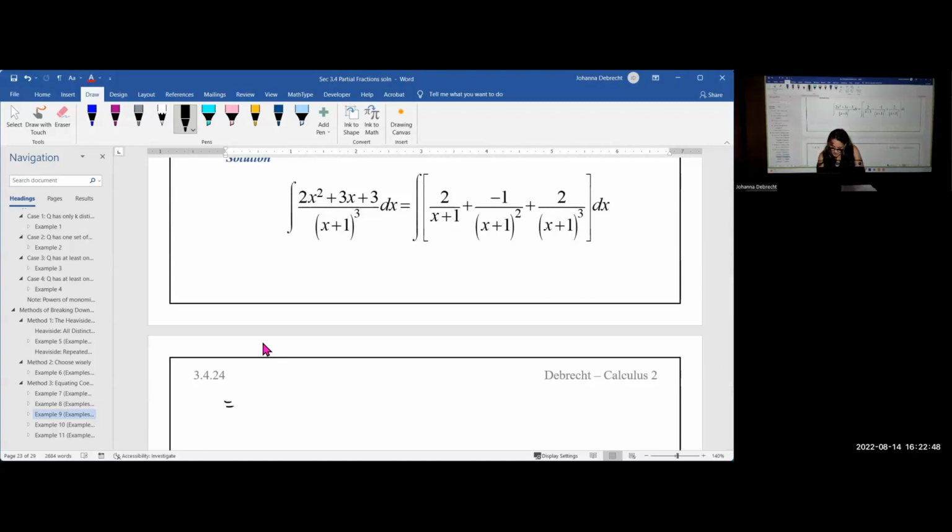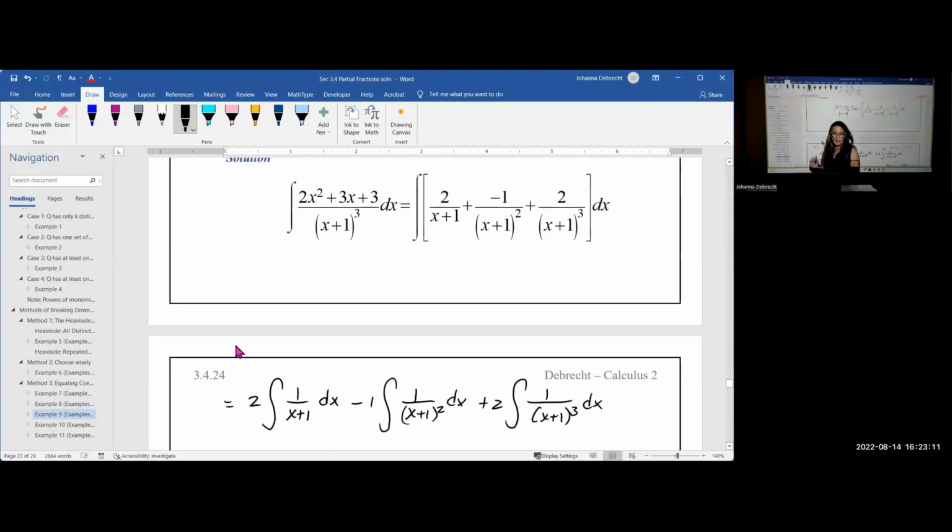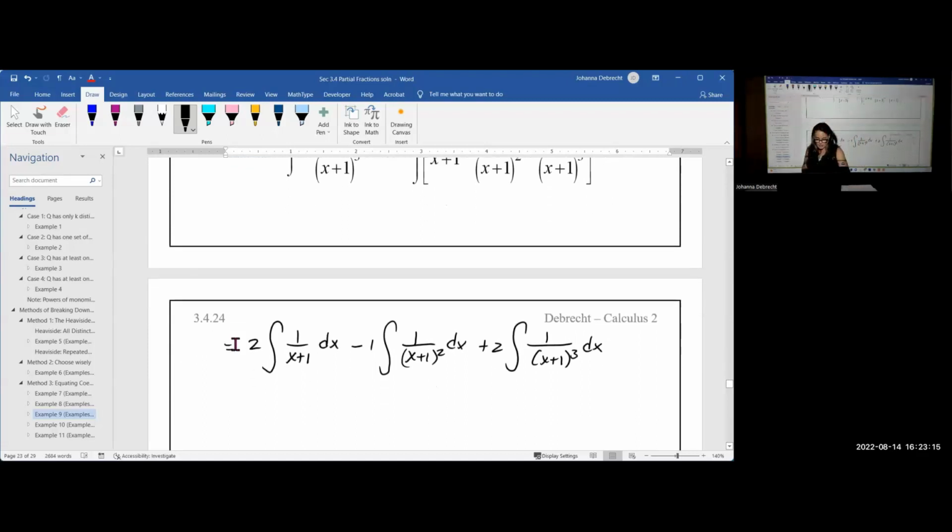So this becomes 2 times the integral of 1 over x plus 1 dx minus 1 times the integral of 1 over x plus 1 quantity squared dx plus 2 times the integral of 1 over x plus 1 quantity cubed dx, right? So we've split it now into 3 simpler integrals of fractions.